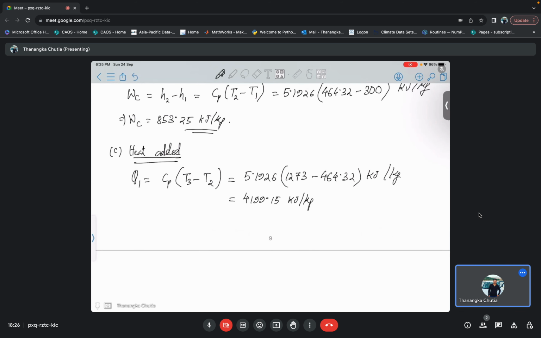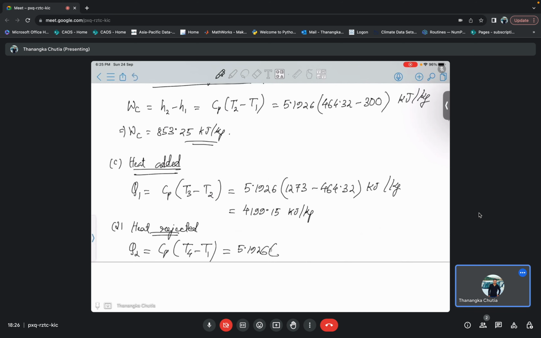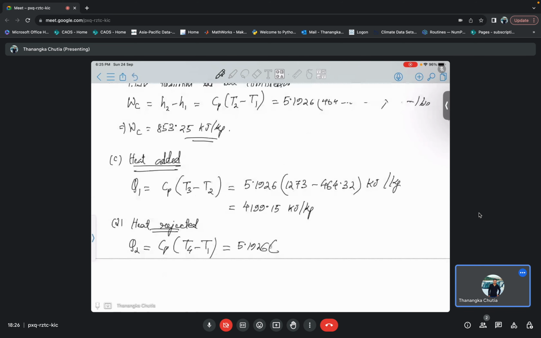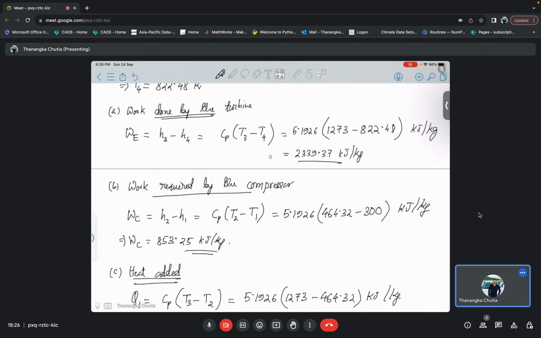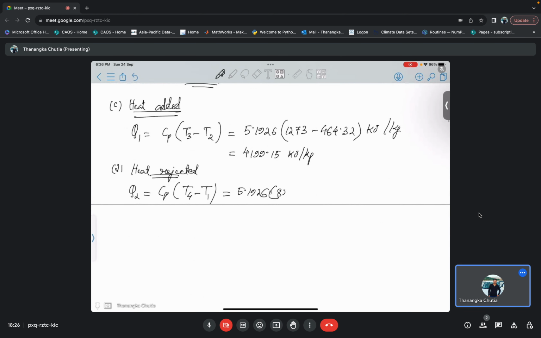And next is heat rejected, that is Q2, and that will be equal to CP into T4 minus T1, 5.1926 into what is T4, 822.48 and what is T1, 300 kilojoule per kg.